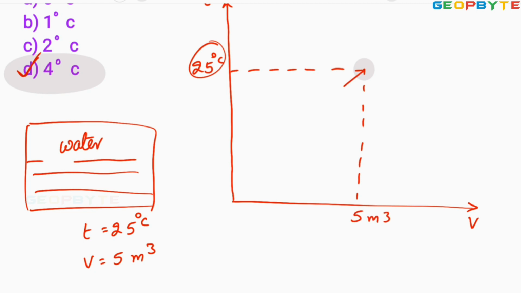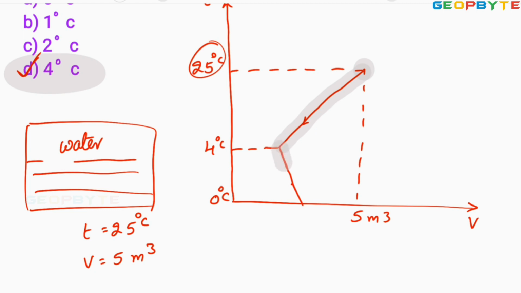When I cool that water, the temperature of the water decreases until it reaches 4 degrees centigrade. Thereafter, because of further cooling, temperature is dropping but volume increases, up to 0 degrees centigrade. Anyhow, from 25 degrees centigrade to 4 degrees centigrade, volume decreases.